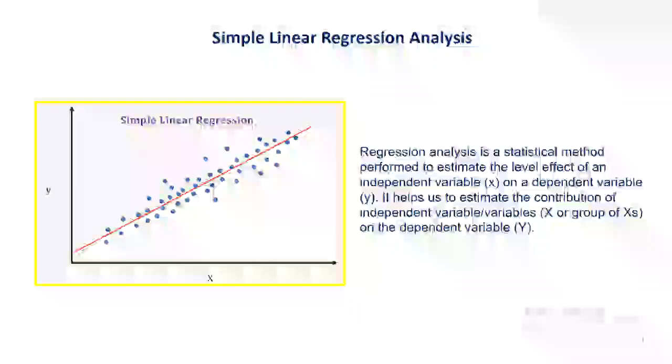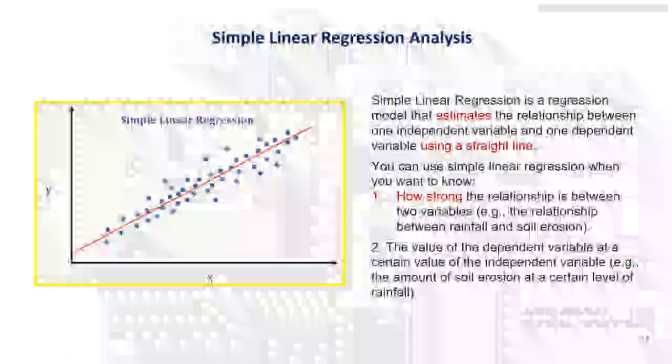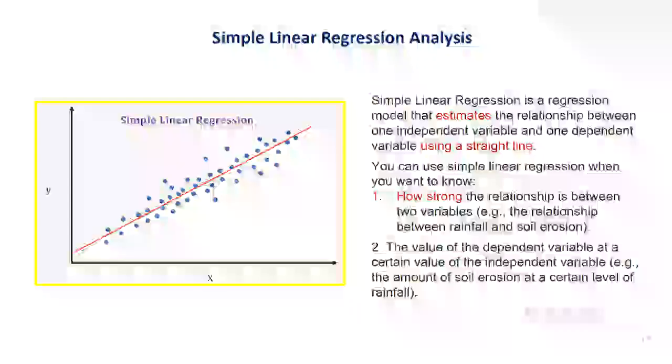So this is a simple linear regression, and this red one is the line of best fit, and these are all the data points. You have plotted, for example, x as 13.7 and y as 40. Your data is supervised. What simple linear regression gives you is how strong the relationship is between two variables.